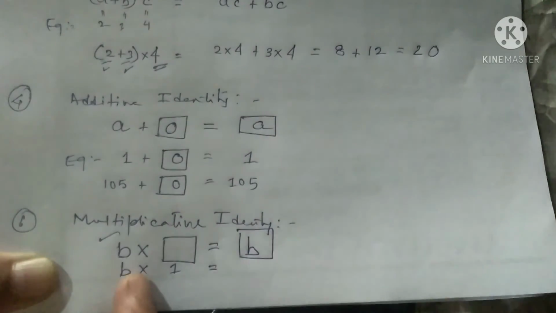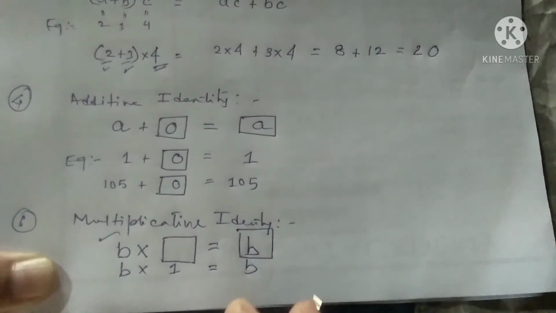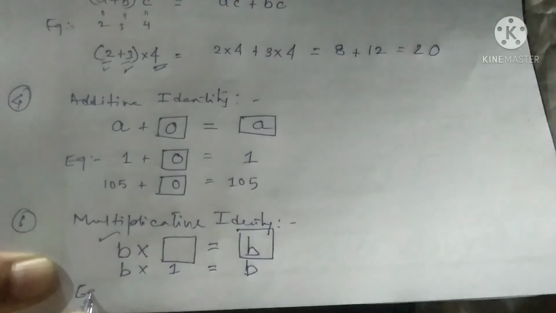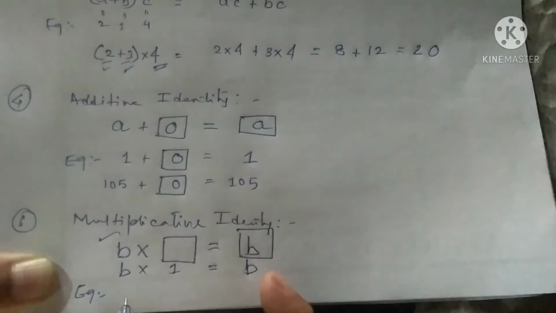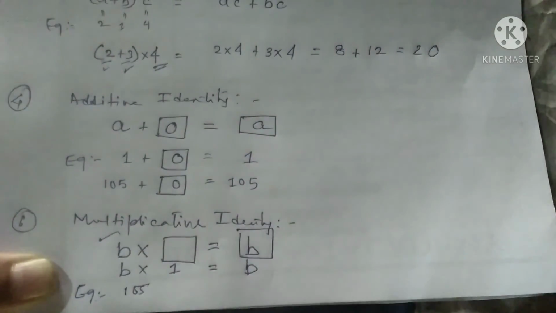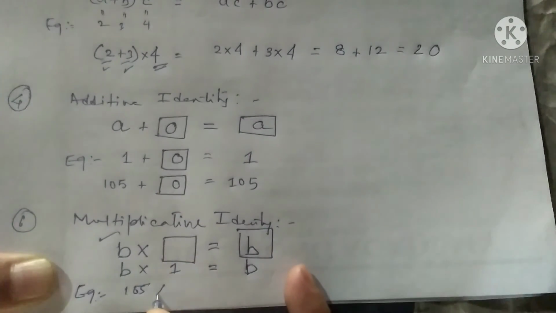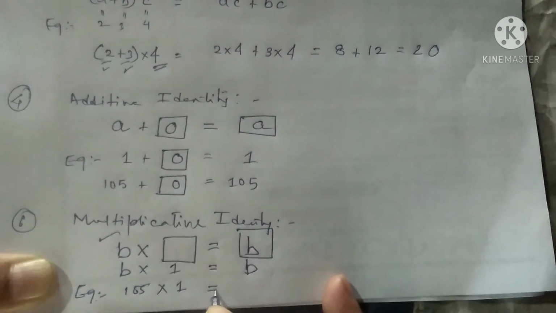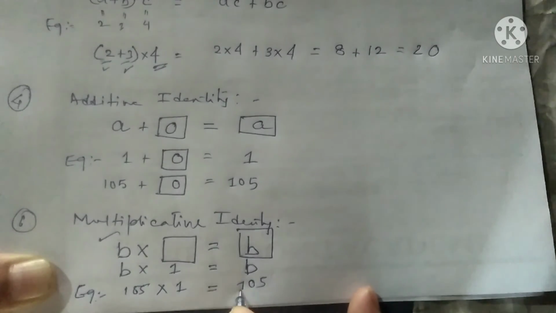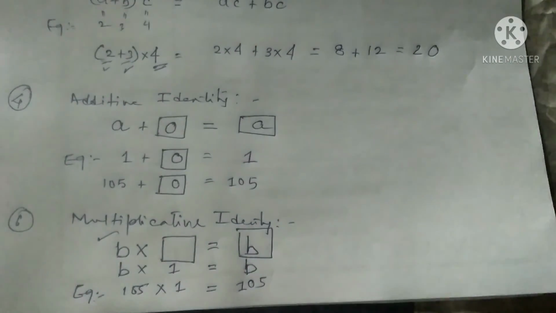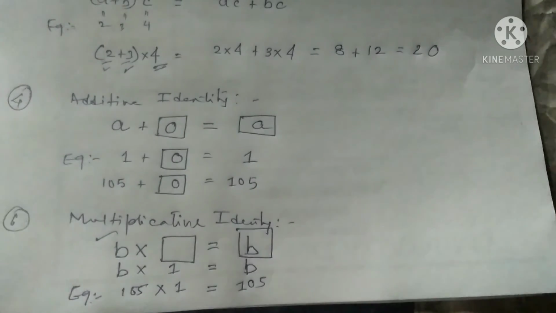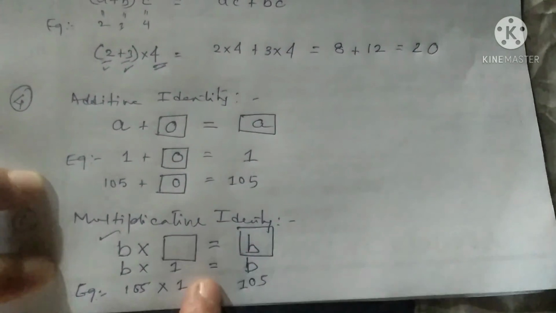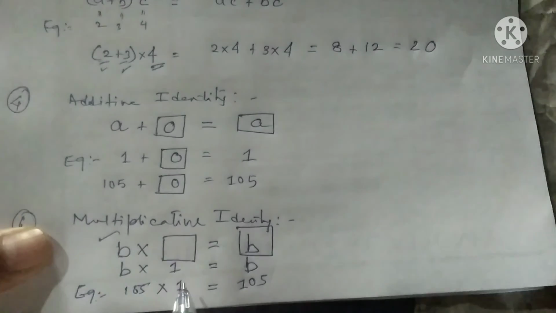When we multiply any number with 1, we get the real number itself as the answer. Let us consider one example. 105: when we multiply with 1, we always get 105. So this is how multiplicative identity is valid. 1 is the multiplicative identity and 0 is the additive identity.